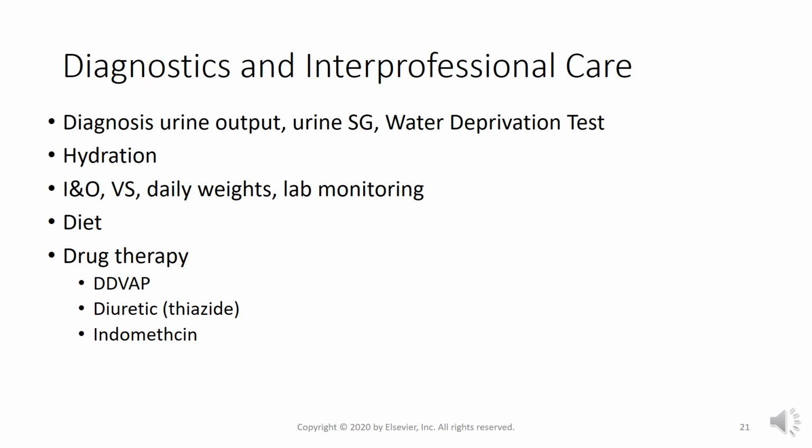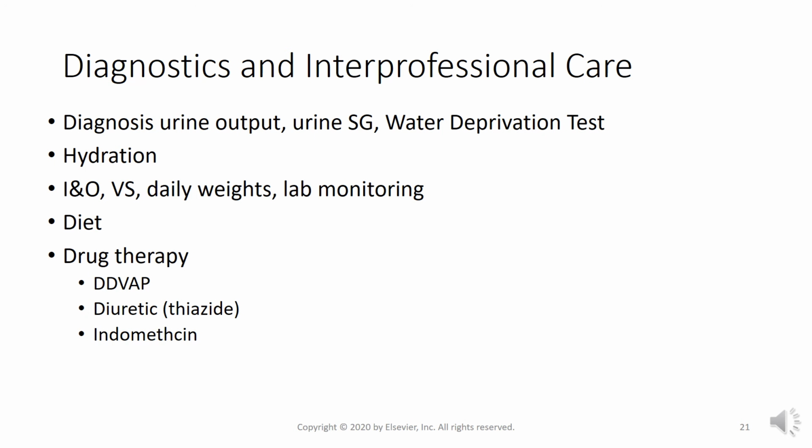So I'm just going to go over the diagnostic and treatments for diabetes insipidus. Most of the time the diagnosis is made on a history and physical assessment, urine output, urine specific gravity, sodium levels, and weights, and they would have enough information with a thorough history to determine the cause and diagnosis.